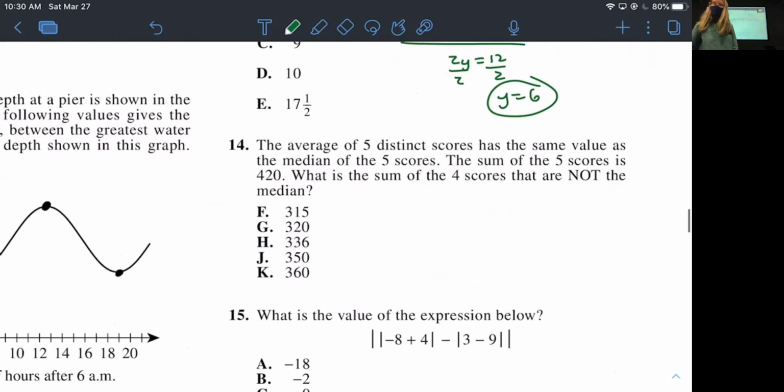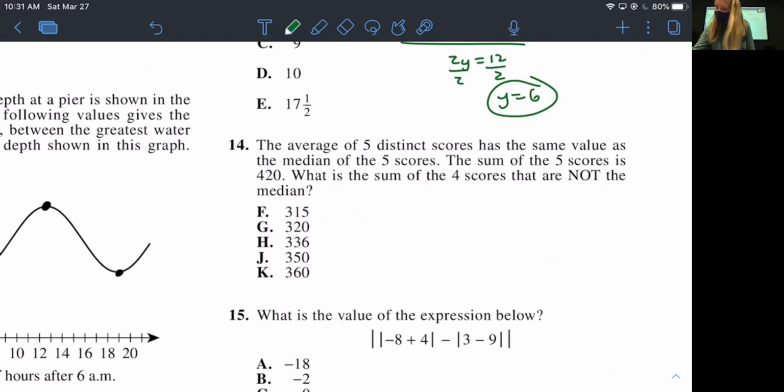The average of 5 distinct scores, meaning all the scores were different, has the same value as the median of the 5 scores. The sum of the 5 scores is 420. What is the sum of the 4 scores that are not the median? How do we figure this guy out?